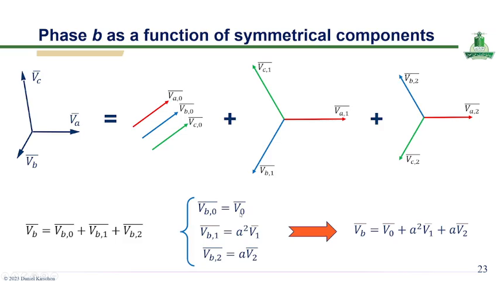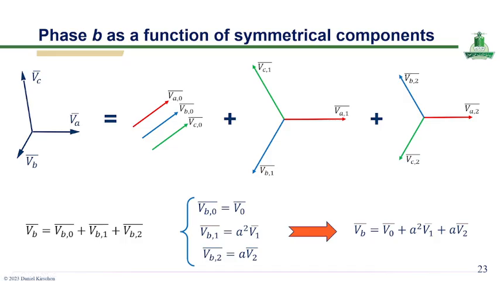For the positive sequence components, phase B lags phase A by 120 degrees, giving VB1 is equal to A2V1.